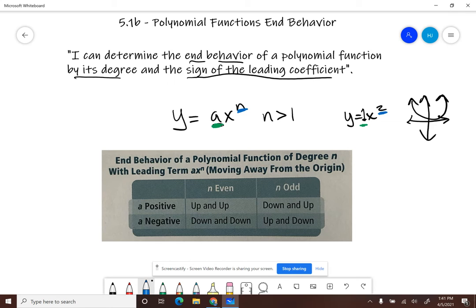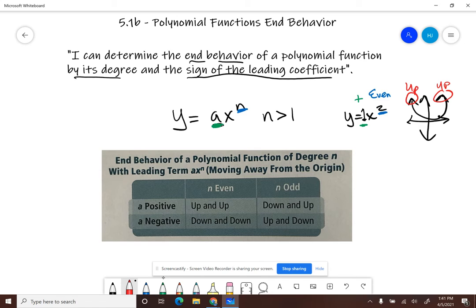So notice when this is positive, for example, and this number here is an even number, notice what happens to the end behavior of my graph. Notice what happens to the ends of my graph. They go up and up. Now look at this table that we have here.